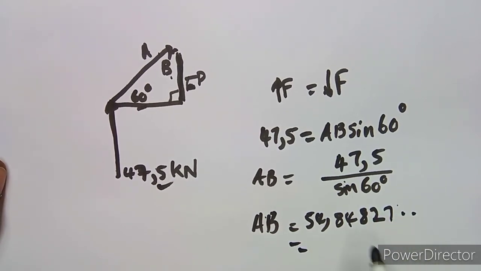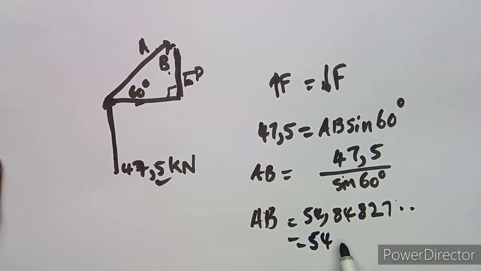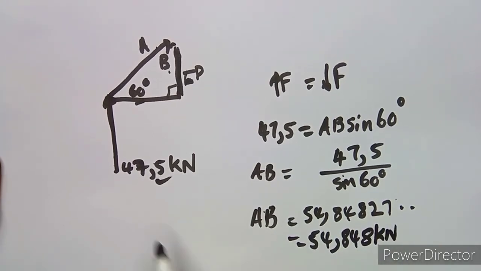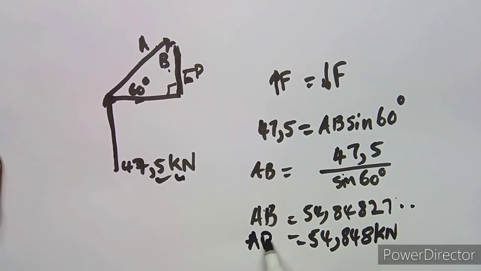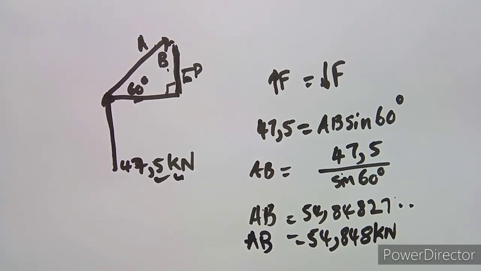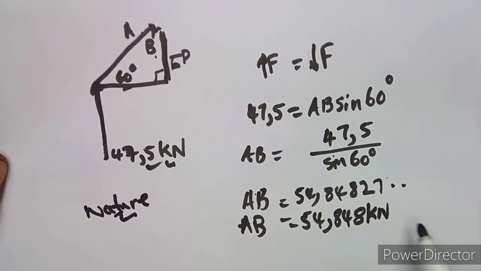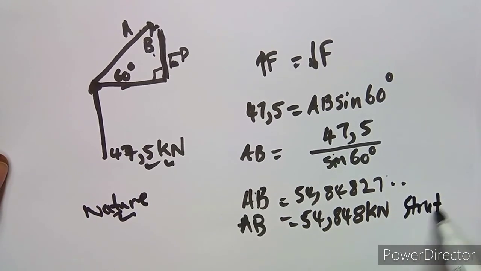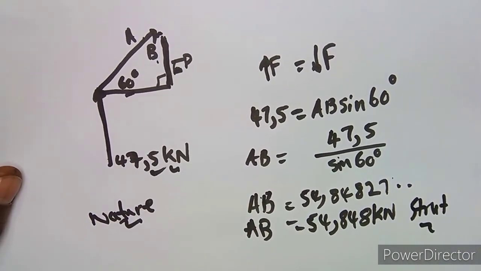You can round off to 3 decimal places, which is going to give you 54,848, which is in kilonewtons. As you can see, these are kilonewtons. So that's your AB. But it's not just about finding the magnitude, it's also about the nature. So which nature are we talking about here? So this is a strut. Remember AB, guys, it's a strut, okay?